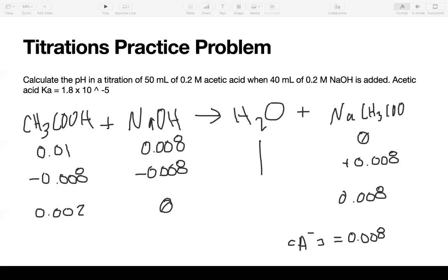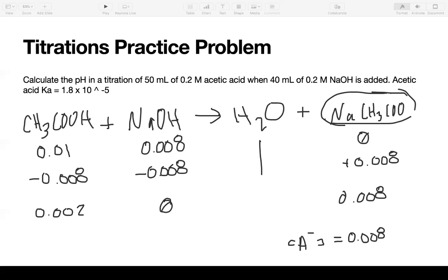So I got this number basically by breaking apart our sodium acetate. So it's going to dissolve completely in water. And since it dissolves completely in water, we could do an ice table for it. But we would just see that A minus will end up being 0.008.